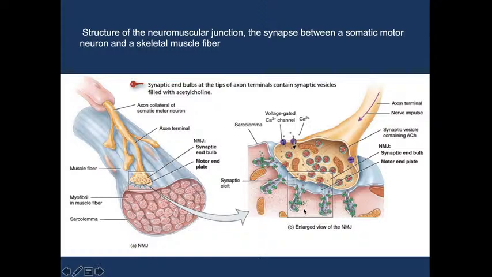It stimulates the inflow of sodium inside, which generates another electrical potential, and after that the muscle fibers contract.